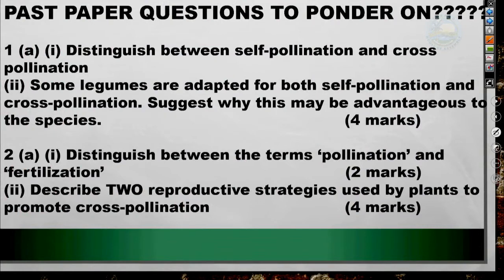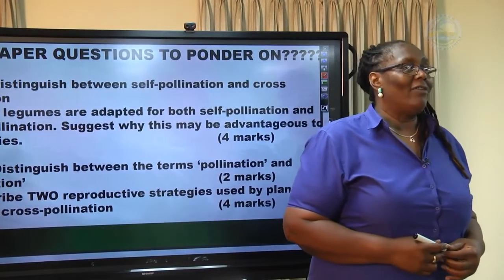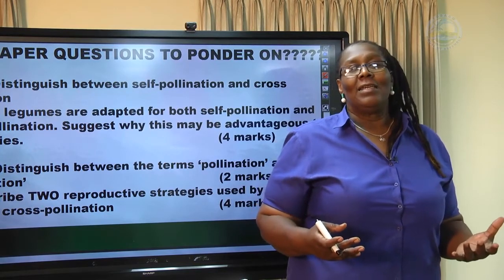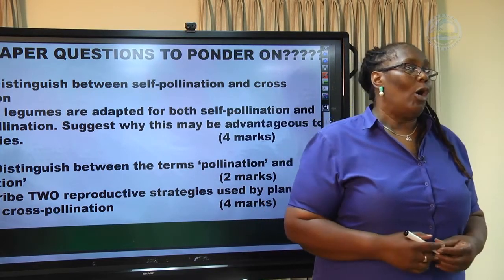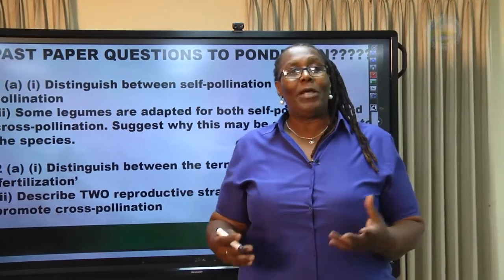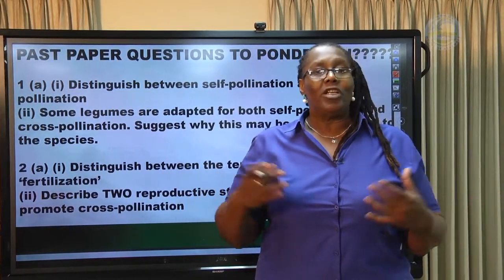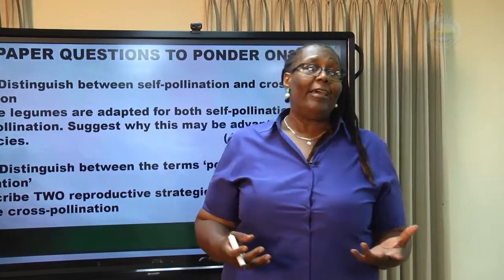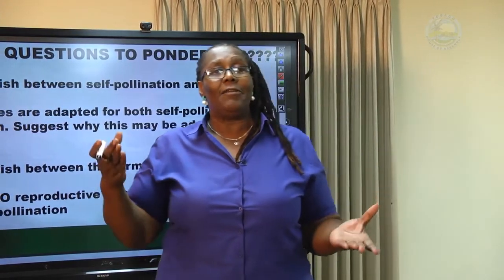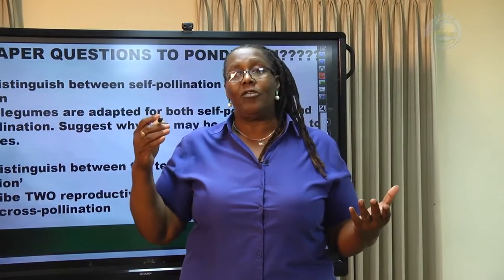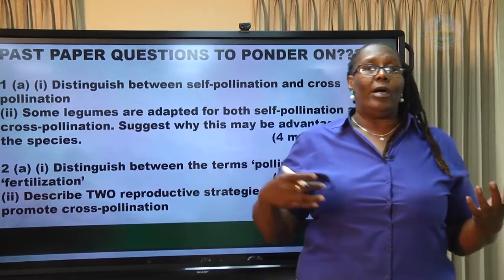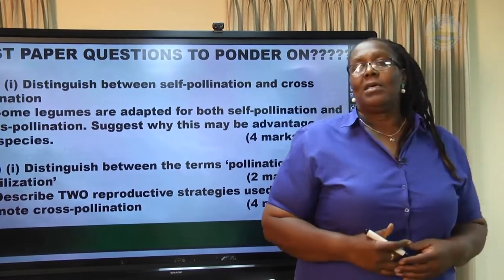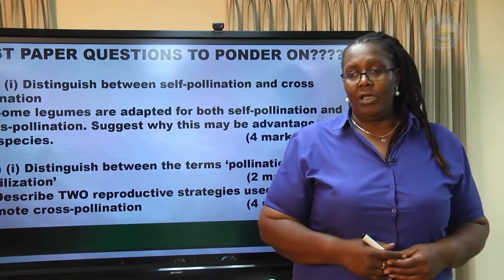Describe 2 reproductive strategies used by plants to promote cross-pollination. We spoke about several of them. Do you all remember? Monoecious and dioecious, where you have the male and the female parts on the same plant or on separate plants. Separate plants will be desirable because it will encourage cross-pollination. You can also speak of heterostyly, where you have different structures in different locations, so as the pollen grains stick onto a bee or a pollinator and it has to go past a structure, it may brush off the pollen grains.